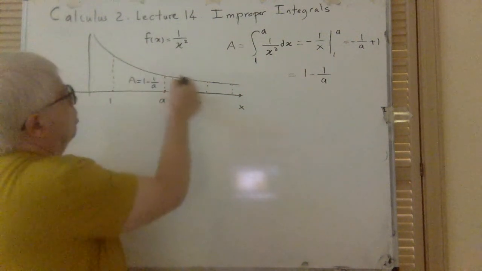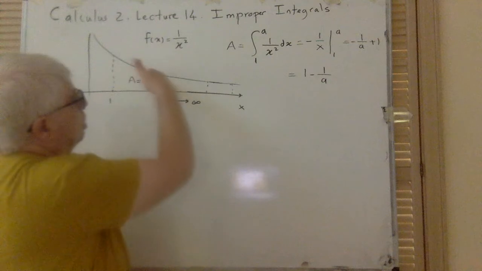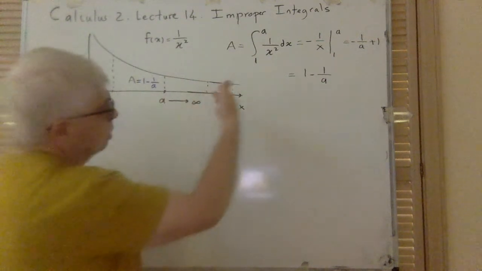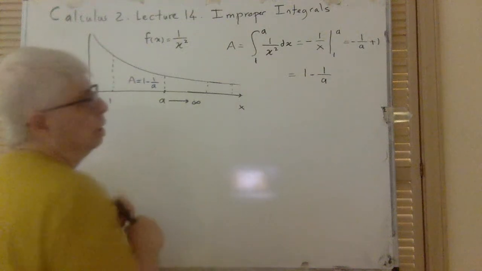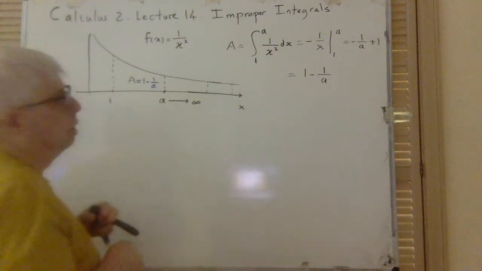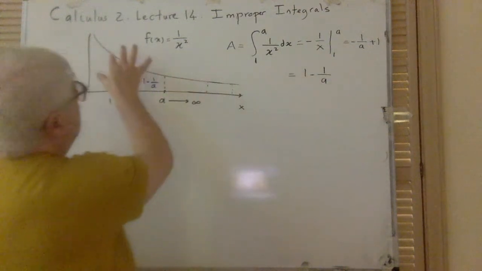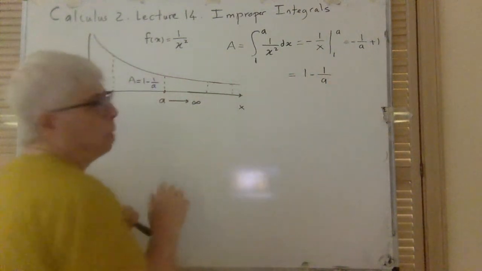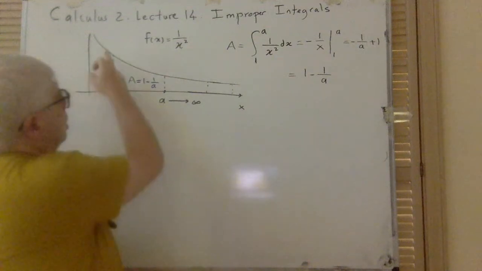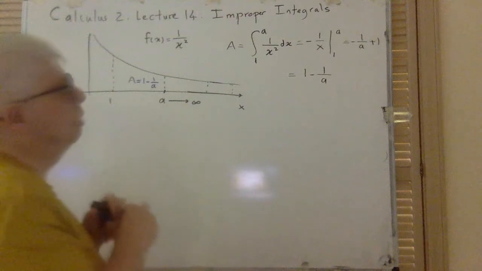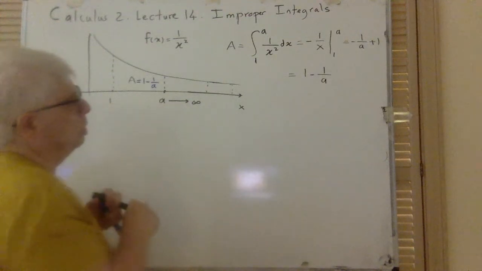I am finding this area under this curve from 1 to infinity. So one side of this is unbounded. From one side, this area has no bound, it just goes to infinity. To the left, it's bounded. But what is it?